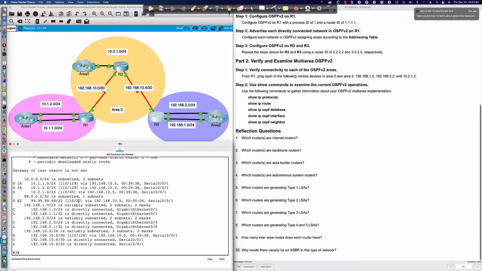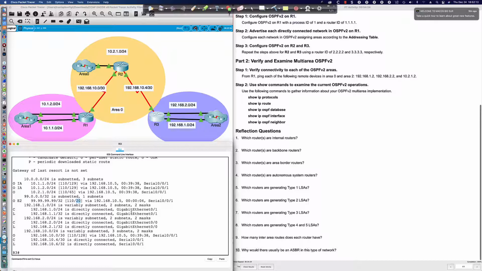Now, it's not a bad thing in this case, because if you look at this, Area 1 and Area 2 have how many ways to get up here to Router 2? They each have one. There's only one way out of Area 1, and that's through Router 1. And there's only one way out of Area 2, and that's Router 3.